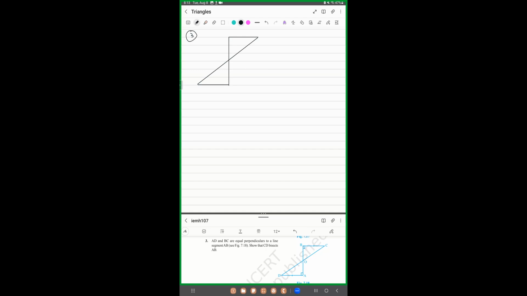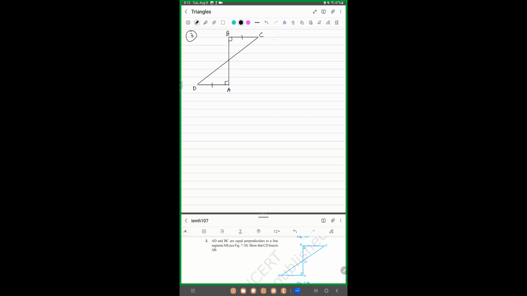So first of all, we have a line segment AB, and they have some perpendiculars. Perpendicular means line segments which are 90 degrees to that line. So what are the perpendiculars? AD and BC. They are equal perpendiculars, meaning that AD is equal to BC, so that CD bisects AB.